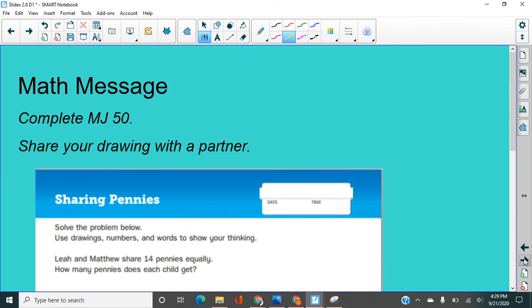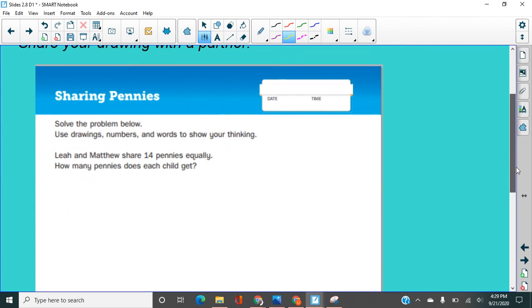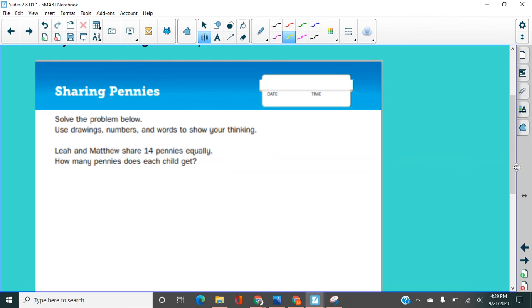All right, so you are going to be working on this page in your math journal. It is page number 50. Okay, so math journal page 50. And you can see that you have a question here, and you have to use drawings and numbers and words, right? Just like we were doing, drawings, numbers, and words.